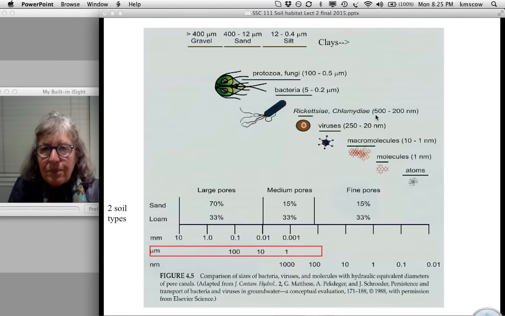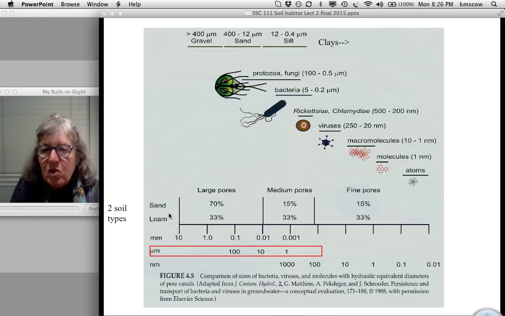Okay, I wanted to give you this picture to show the relationship between microorganisms and these different particles and pores that we were talking about. So we were going from very small, micron here, here's nanometers, very, very small on the right-hand side, to bigger, getting up to like 10 millimeters.